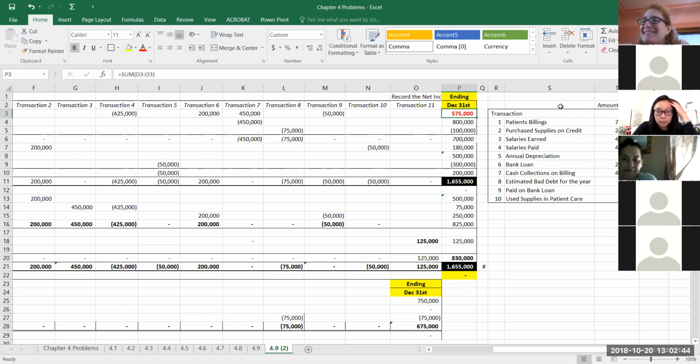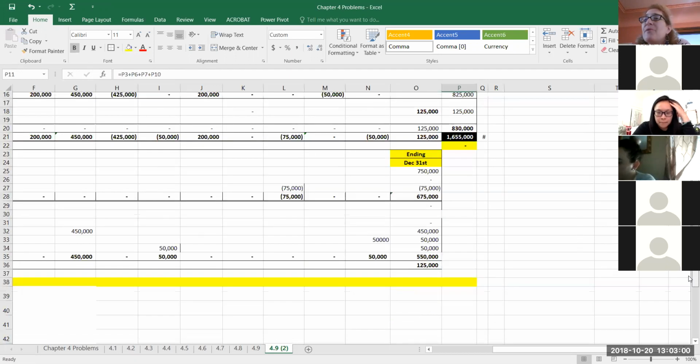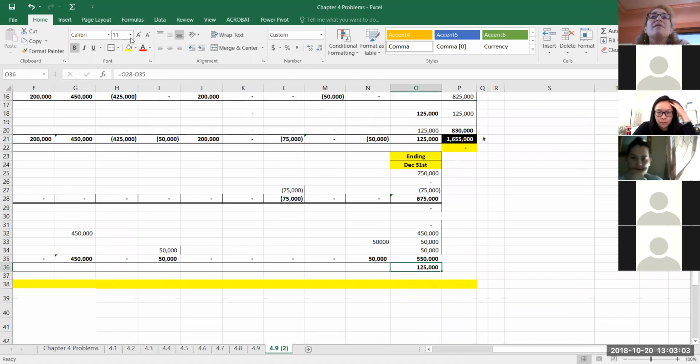Can you please summarize quickly how you made sure that you balanced your net income on the balance sheet? Okay, so basically the way that you take your net income from your P&L, which is the 125, is the last thing that you want to roll into your balance sheet.